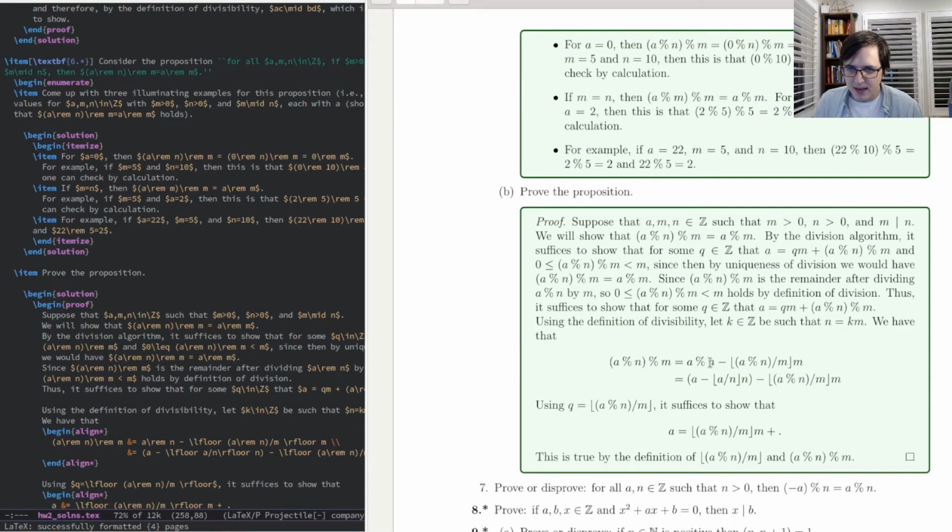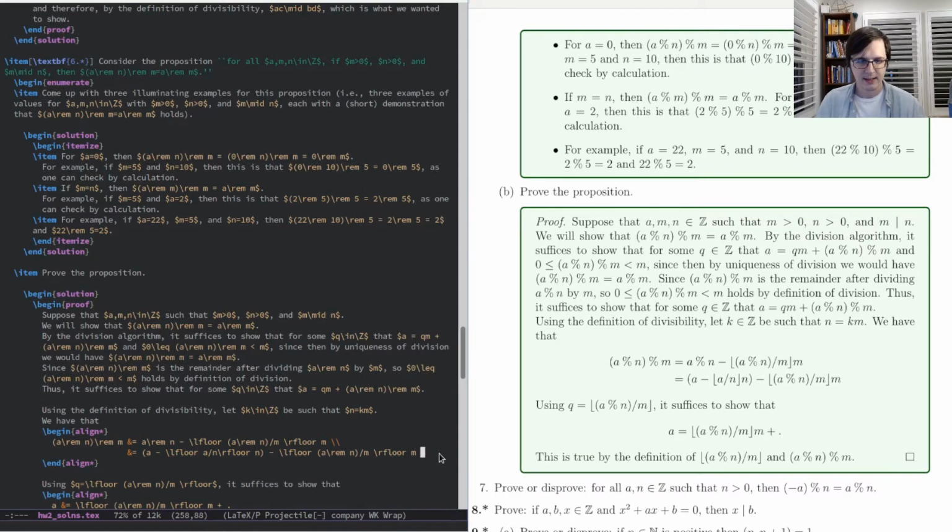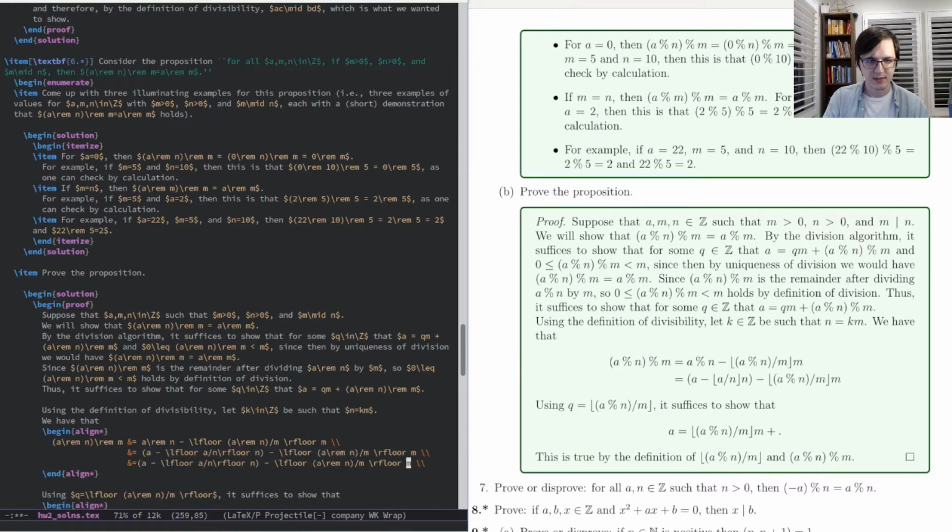Okay, so a mod n is a minus some division times n, and then minus that still. And then we can take this and replace, I don't care about what the quotients are, I just want to get this m on the outside.